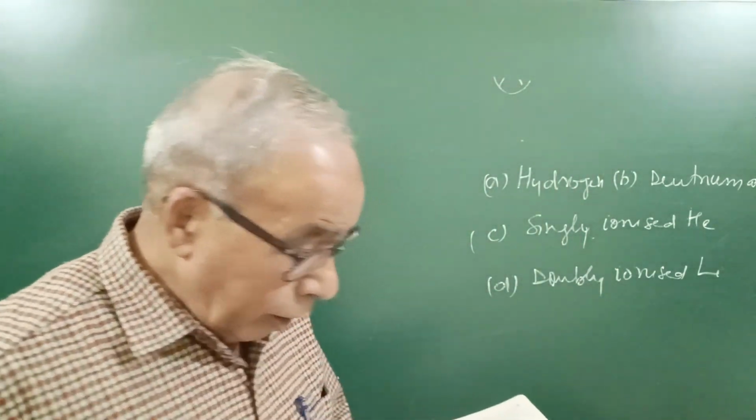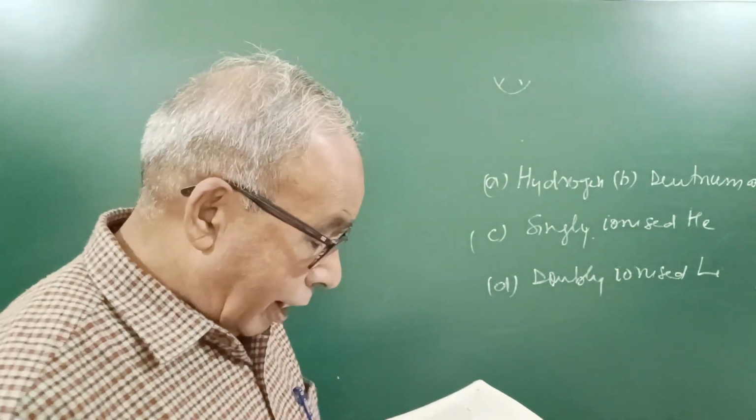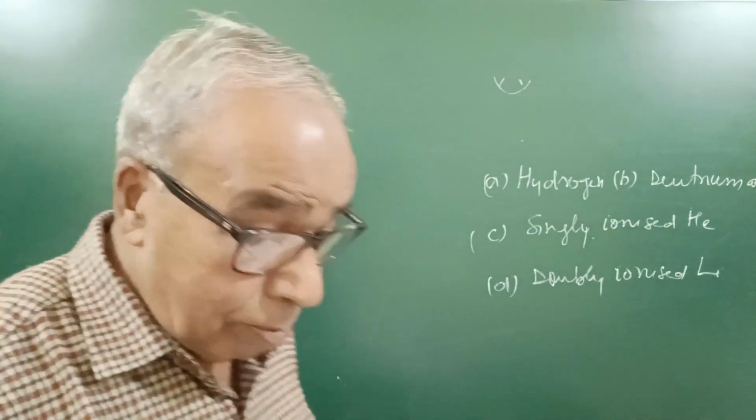In which of the following atoms or ions will the radius of smallest orbit be minimum?